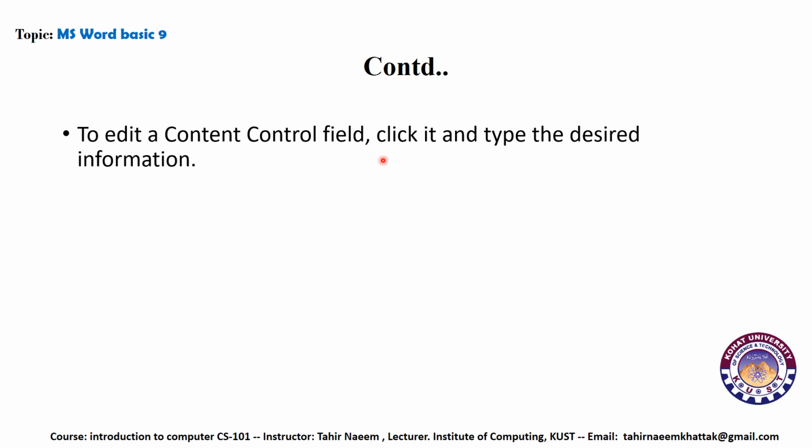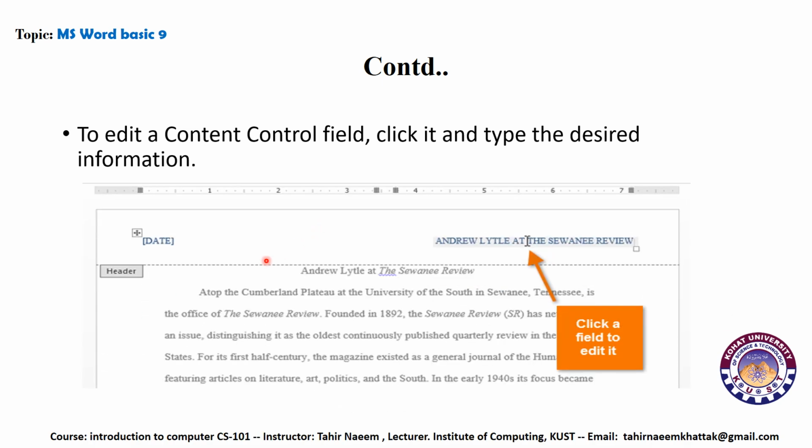To edit a content control field, click it and type the desired information. So here, as you can see, we have clicked on this title, and when we click in this field we can edit it, like Andrew liked at the 7 review.